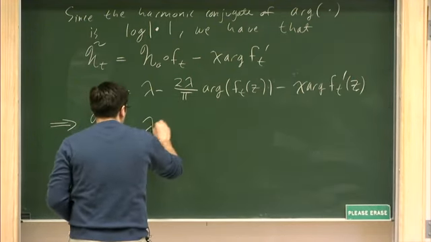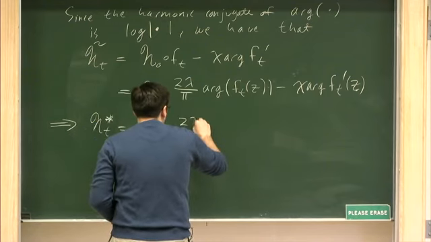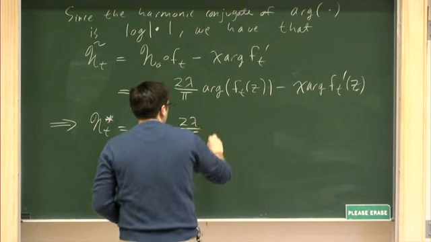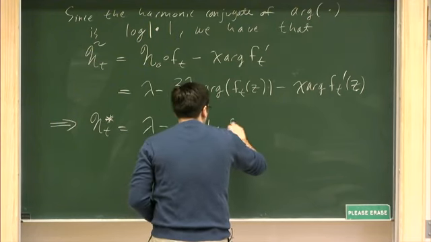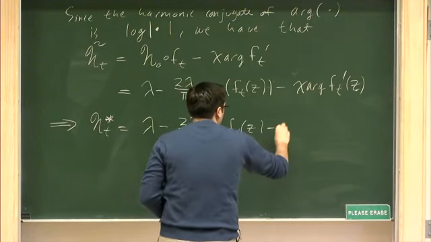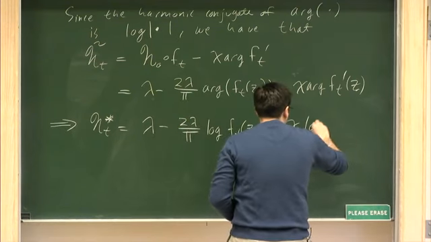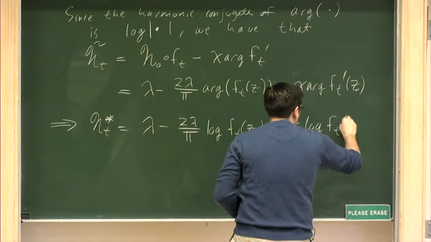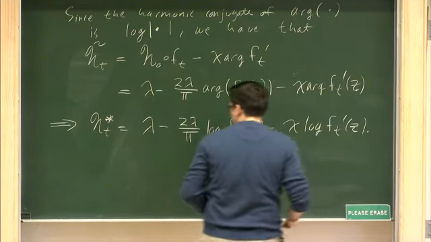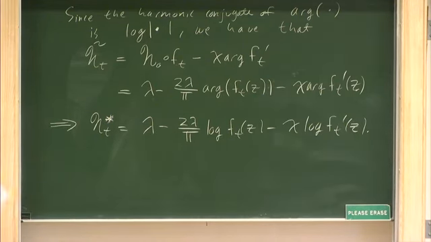So this is lambda minus 2 lambda over pi times the log of ft of z, minus chi times the log of ft prime of z. This is very nice because now we have an explicit formula for what this ht actually is.